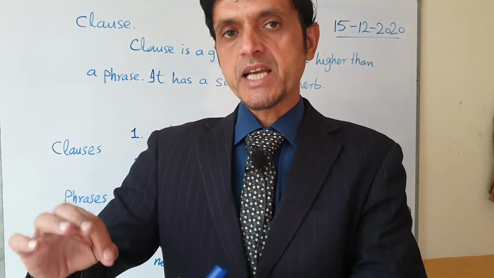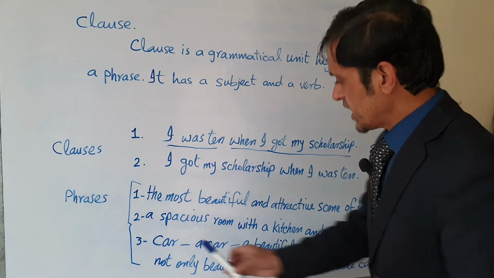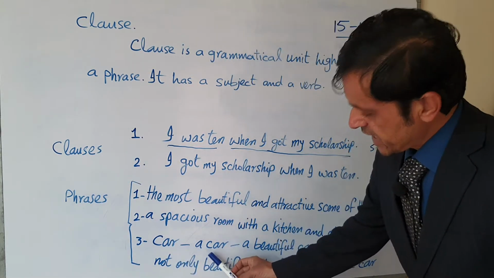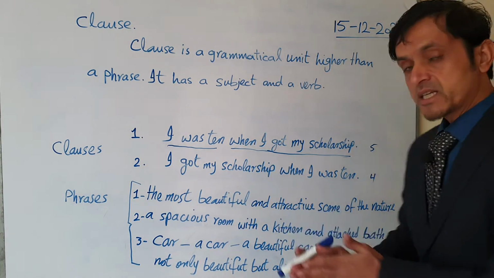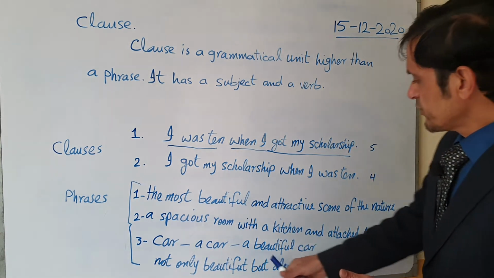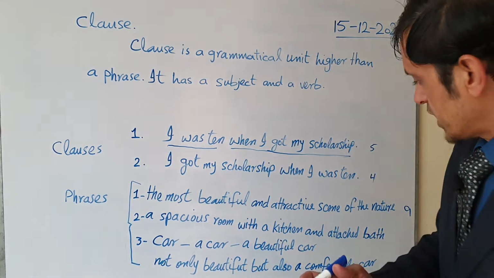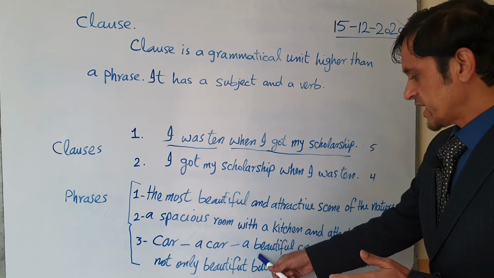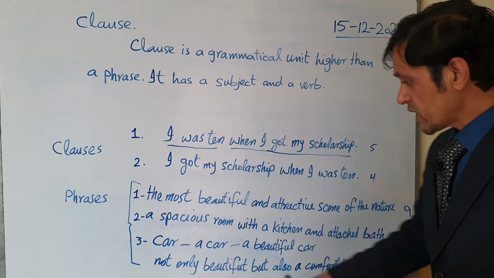And if it has a subject and a verb, that would be a clause. So here car is a word, and if we say a car, this is a phrase, but it is not a clause. And if we say a beautiful car, this is also a phrase, not a clause, because it has neither a subject nor a verb.